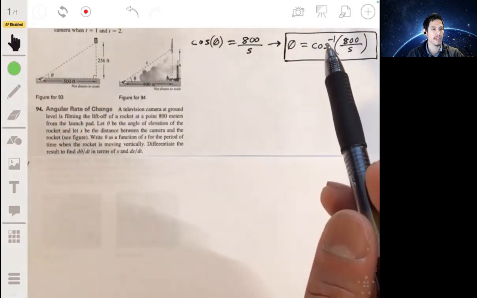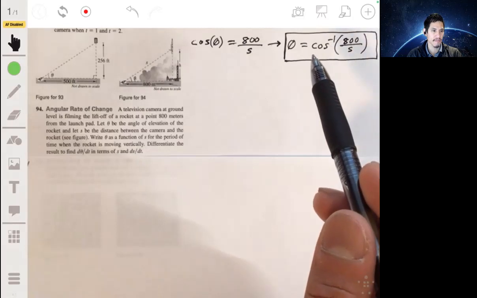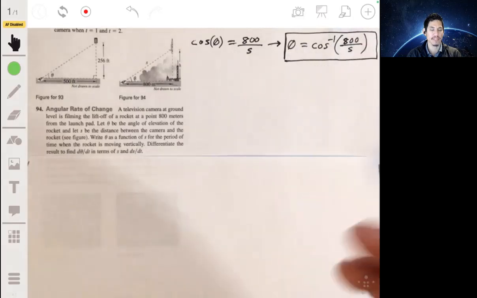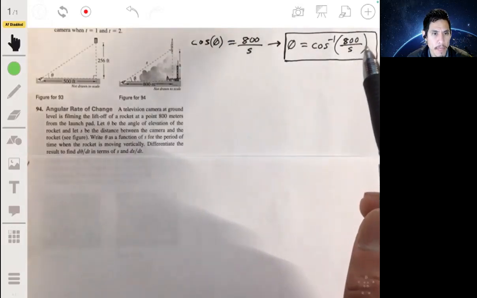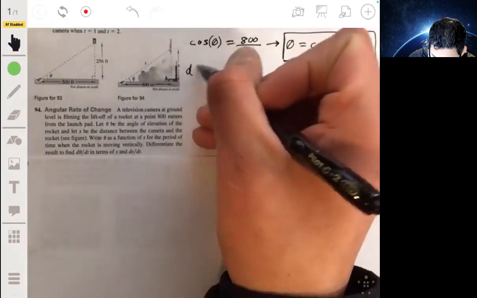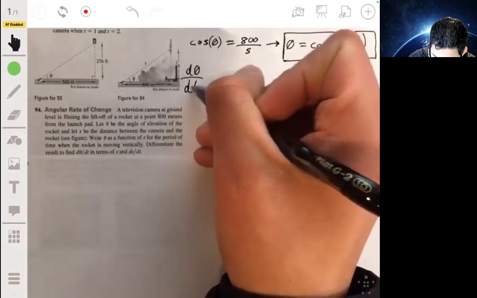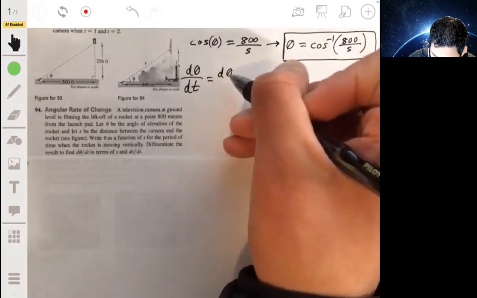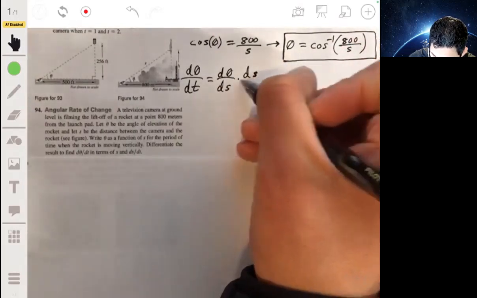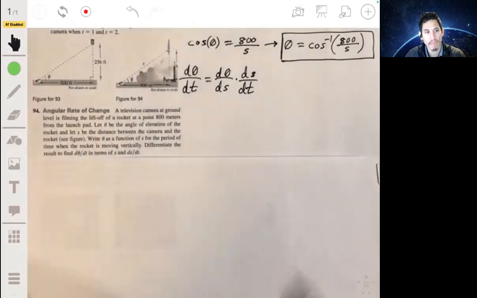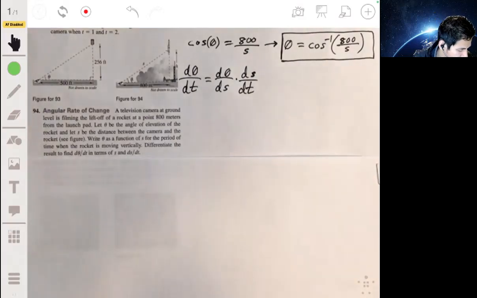Now we're going to differentiate this with respect to t. So it's basically a chain rule, because s is also a function of t. So d theta dt will be d theta with respect to s times ds dt. Now, a refresher for what the derivative of the inverse cosine of a function is.